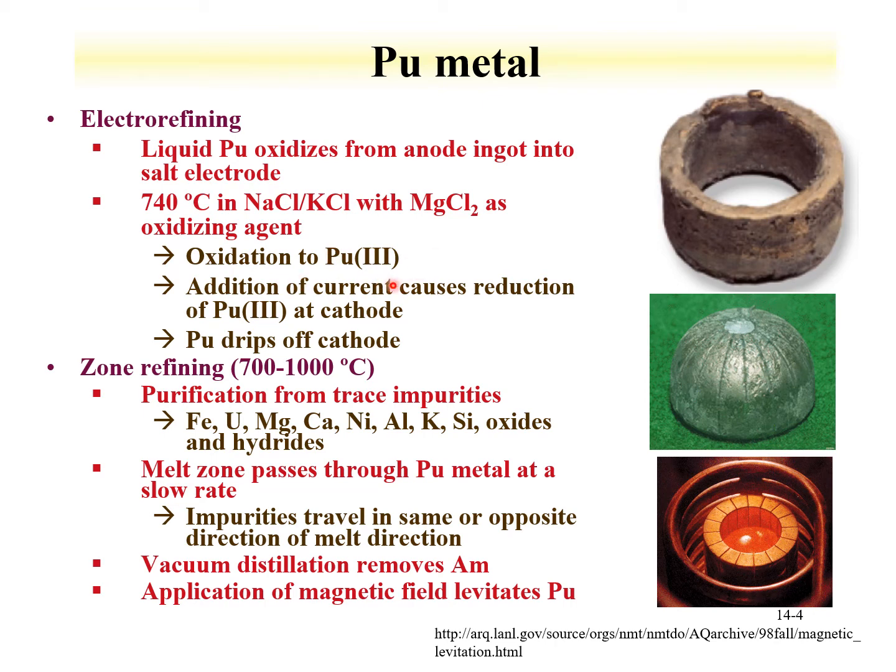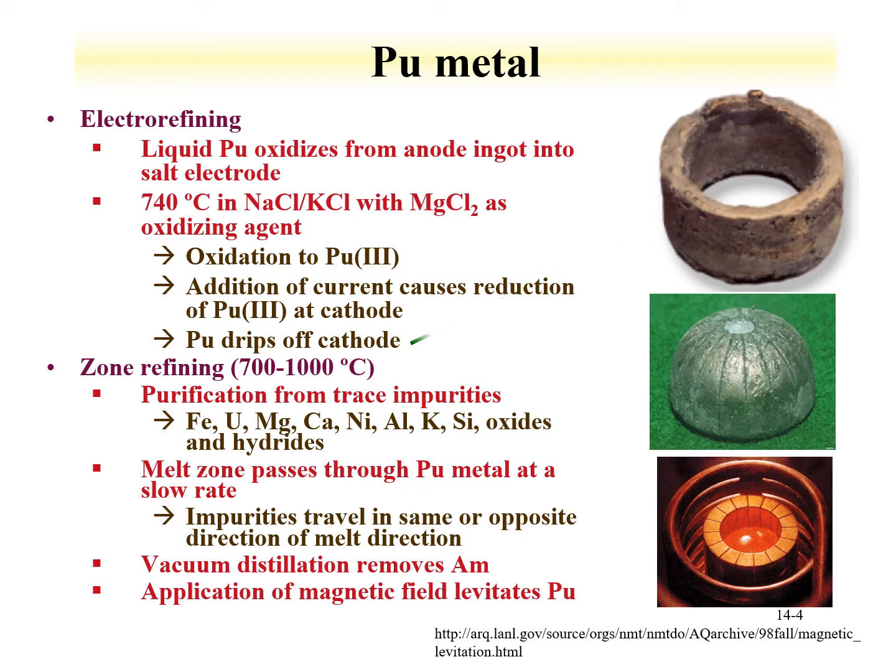This plutonium-3 can go to the cathode, where reduction occurs, and when the plutonium metal is formed, it melts and drips off the cathode into a criticality safe shape, as this ring shown here.